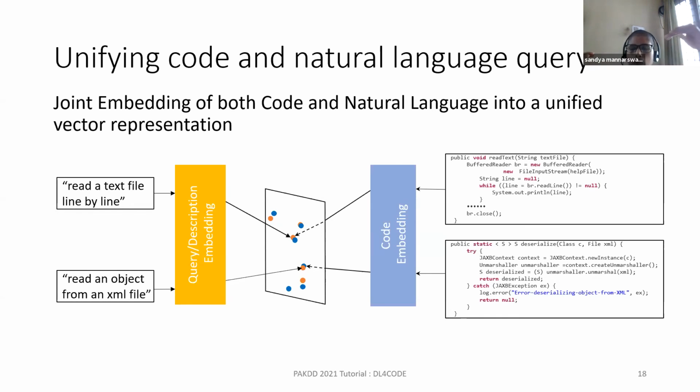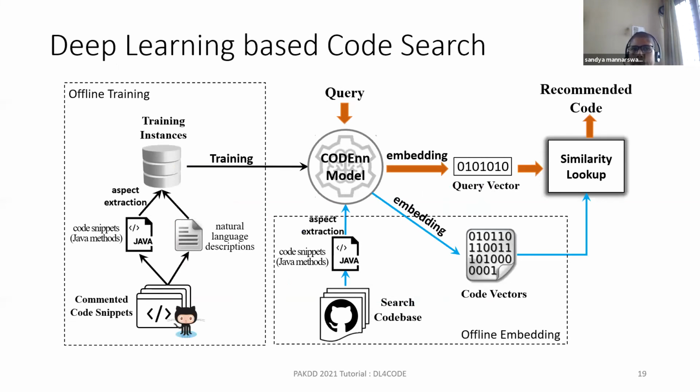We have all looked at multimodal representation where you have vision and text projected into the same vector space. In this case, it's still text, but two different domains of text: natural language and a programming language or code. They force that into a single unified vector representation space, and that is the key to solving this problem effectively. Let's take a quick look at this.